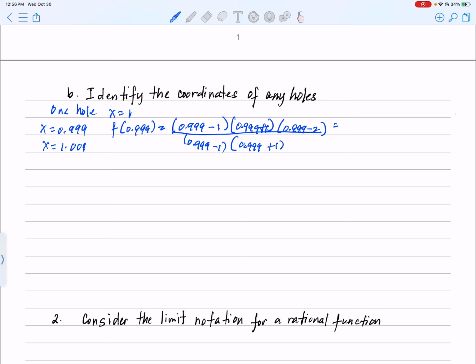Okay, doing the math, you come up with a negative 1.001.